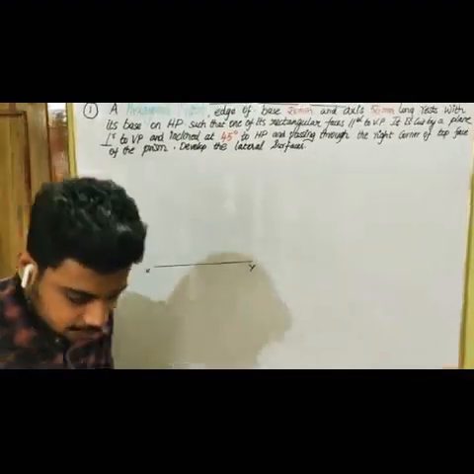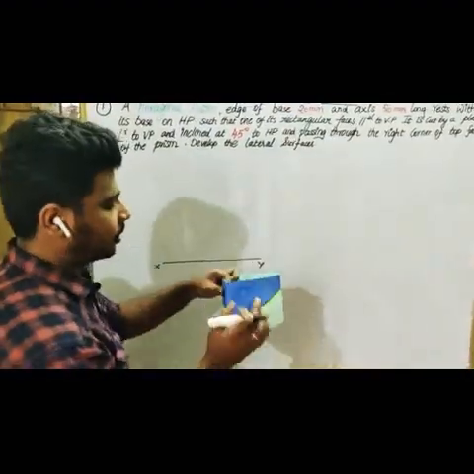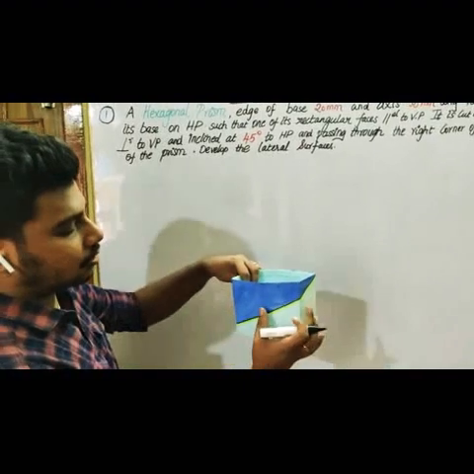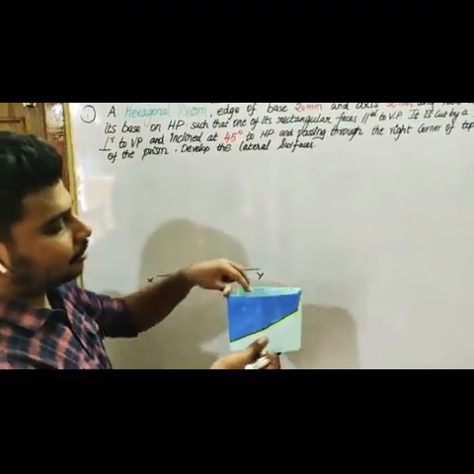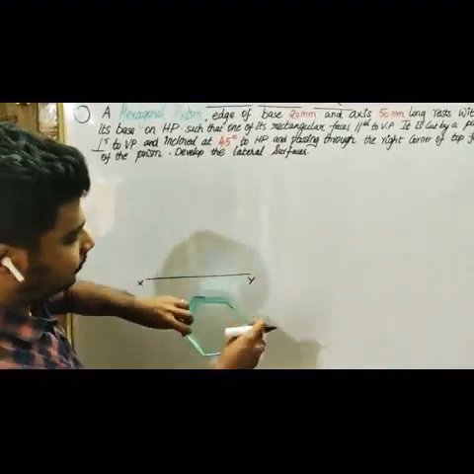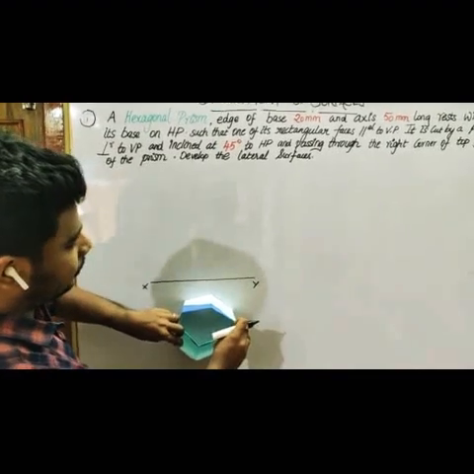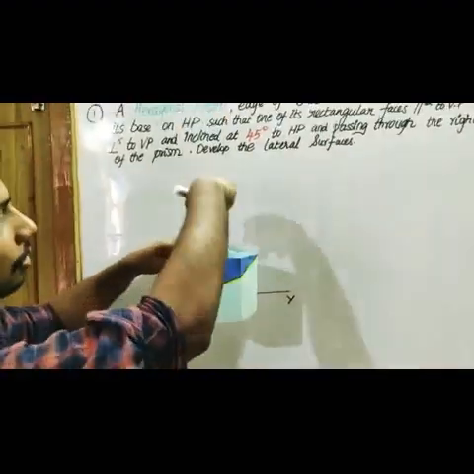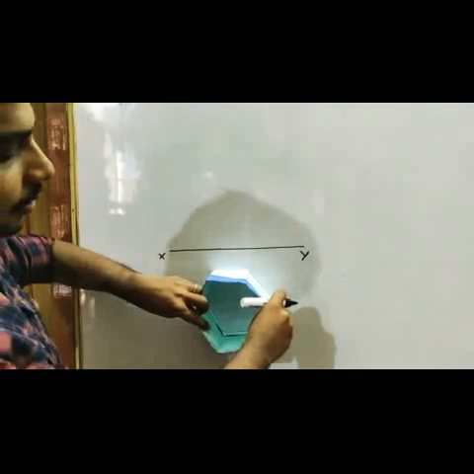So the constraint given will be it is on HP and also lateral surfaces parallel to VP, so that it has to be placed like this. So when you place the object like this, your top view will be like this, right?